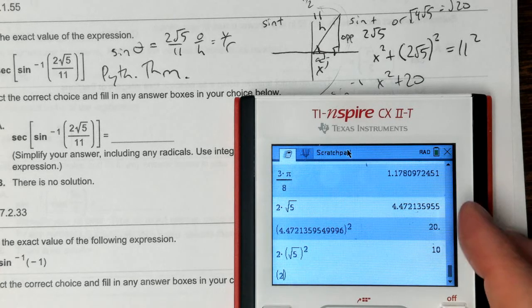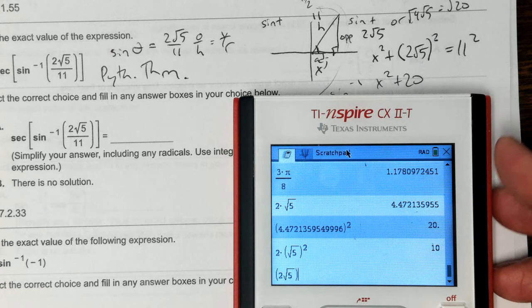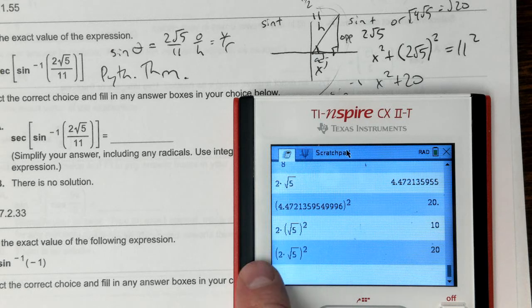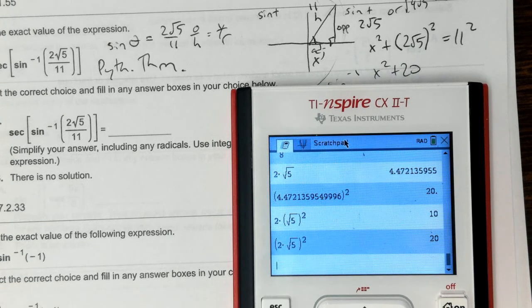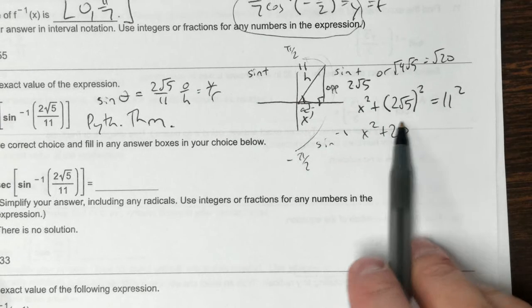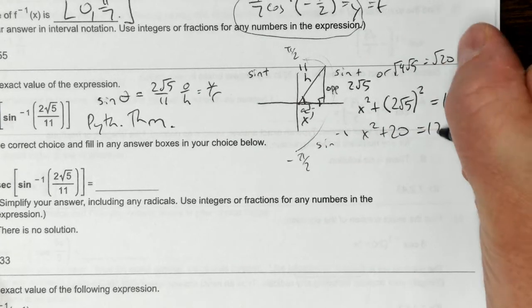But if you do 2 square root of 5, all of that squared, it's going to be right. You've got to pay attention to where the parentheses are. Okay. All right. So we do get 20 here, and then 11 squared is 121.